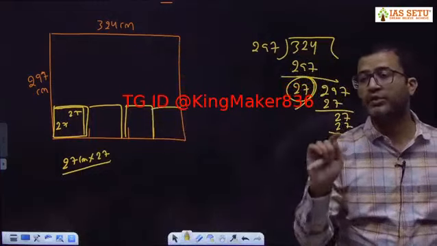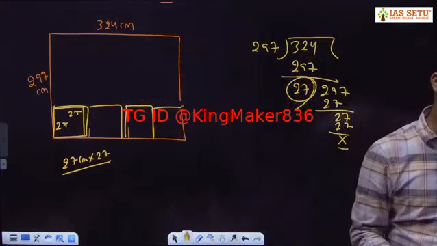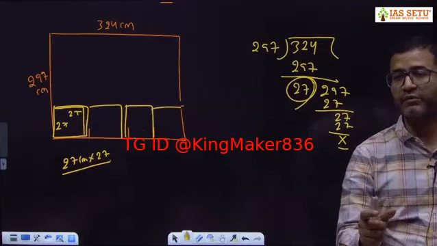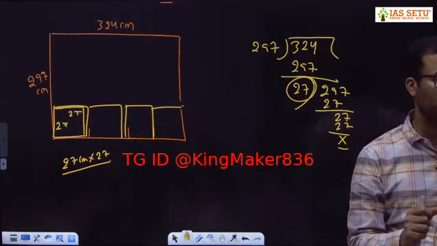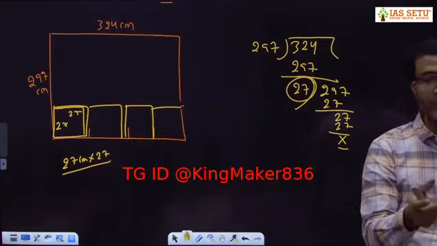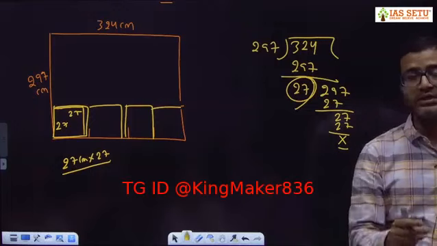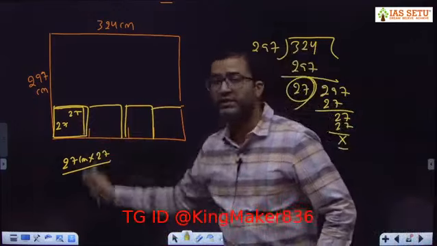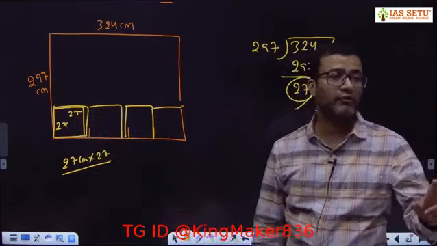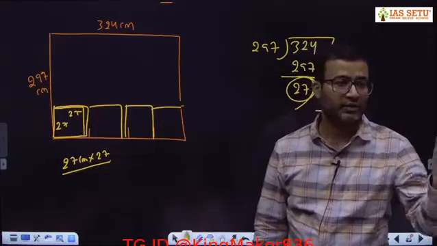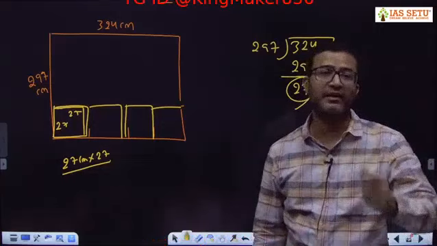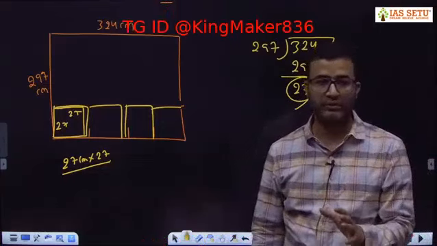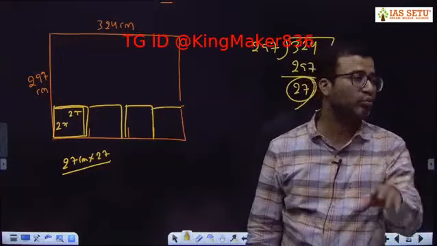The examiner can't ask you what is the smallest size of the tile because you are a UPSC aspirant and the examiner knows very well you study science and technology also. So the smallest will depend on the technology you use. Someone will say I will use 1 centimeter by 1 centimeter, I will use 3 centimeter by 3 centimeter, or any one of you will say I will use nanotechnology, I will make a 1 nanometer by 1 nanometer tile in the lab. So the smallest size we can't find out, and no one will ask you what is the smallest size.